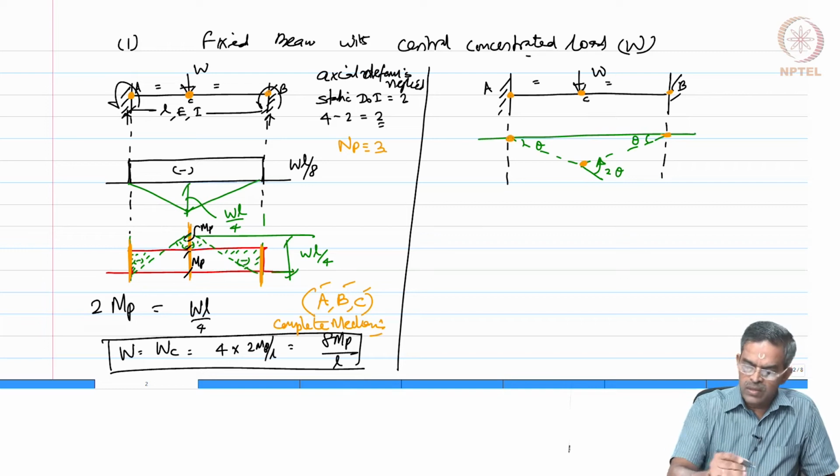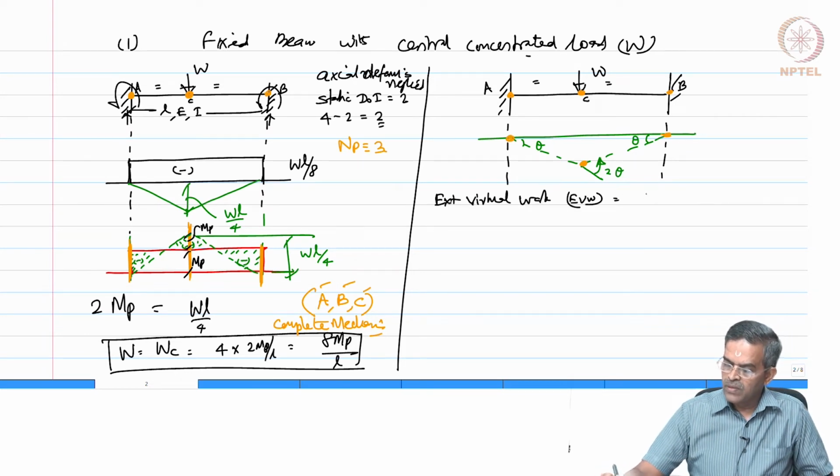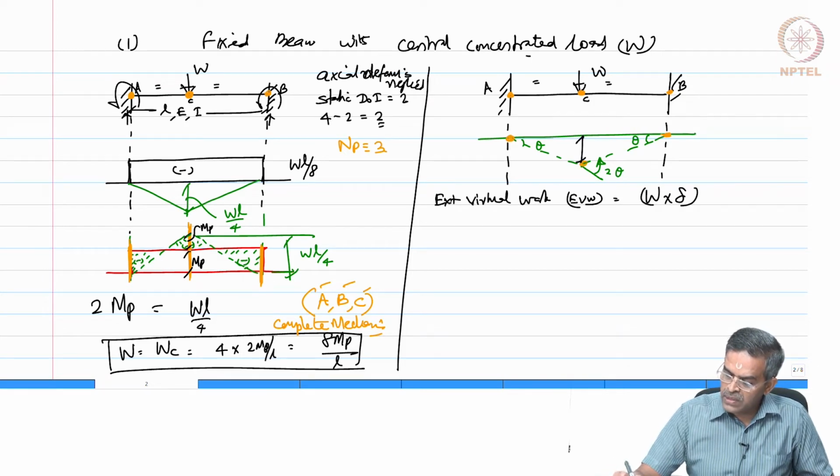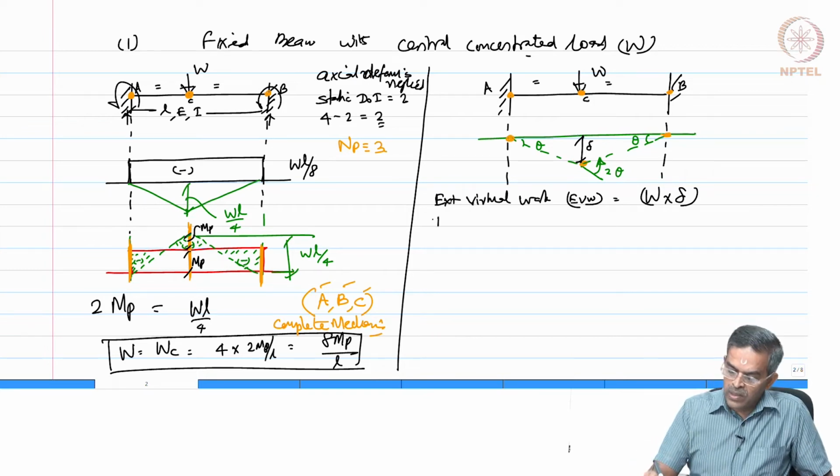So, now let us see what is the external virtual work. External virtual work is load into displacement. Let us call this as del. What is the internal virtual work?